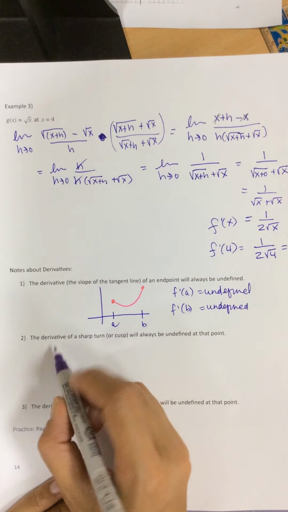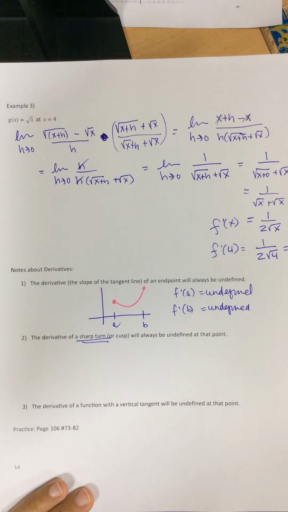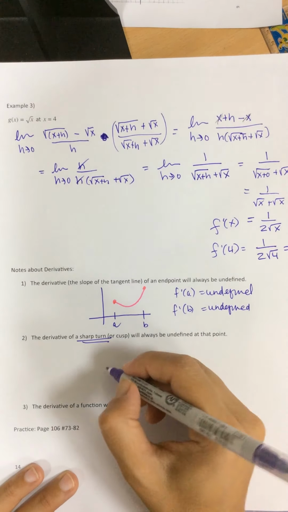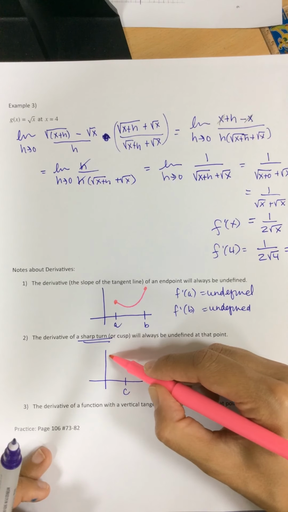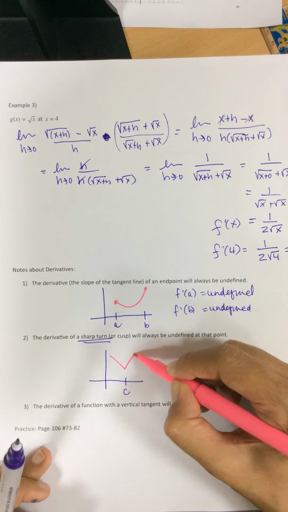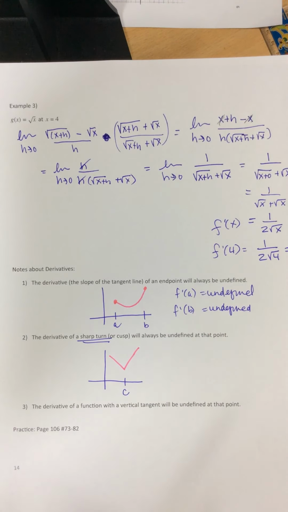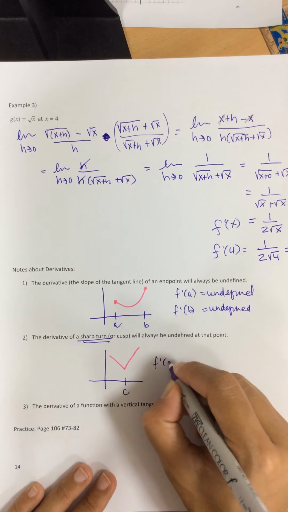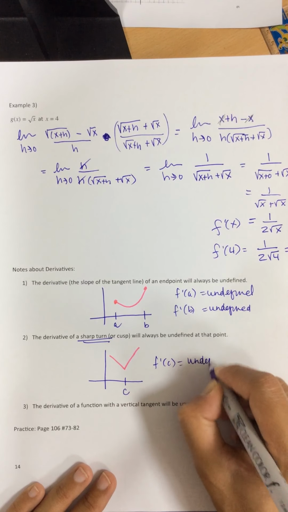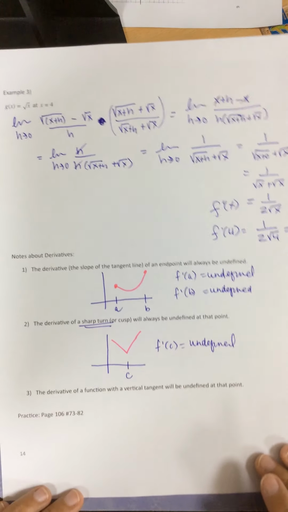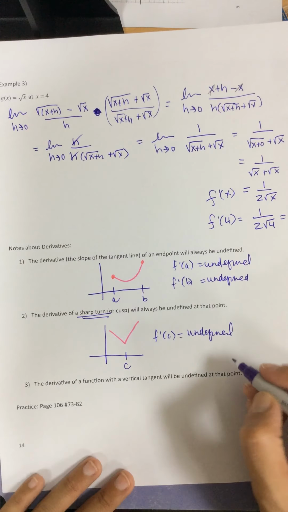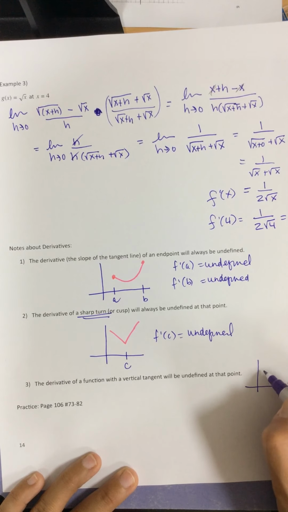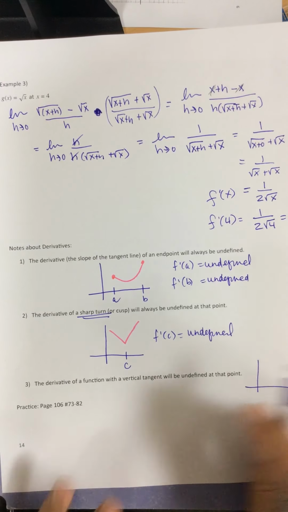The other thing is if there's a sharp turn or a cusp, the slope will always be undefined. So if you have something like this, let's say here's point C, and your function goes like this, it's almost like an absolute value function, right? Then f prime of C is undefined. Also, let's say you have a function like, let me draw it first.